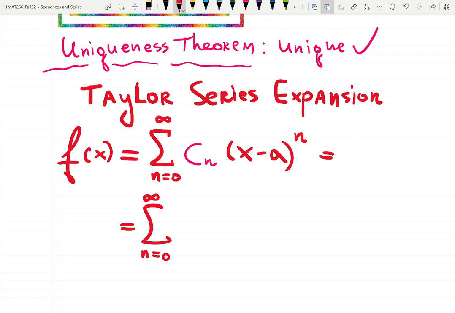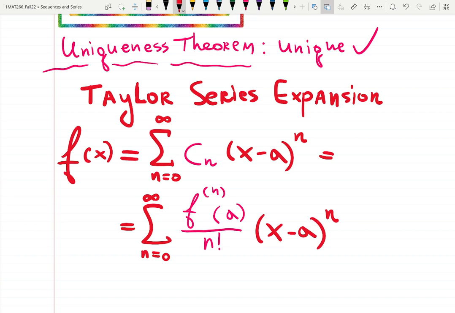The coefficient has a formula, and we have the specific practical tool to find them. Find the n-th derivative, plug the center in it, and divide by n factorial. That's the formula for the coefficients that are standing in front of x minus a to the n.